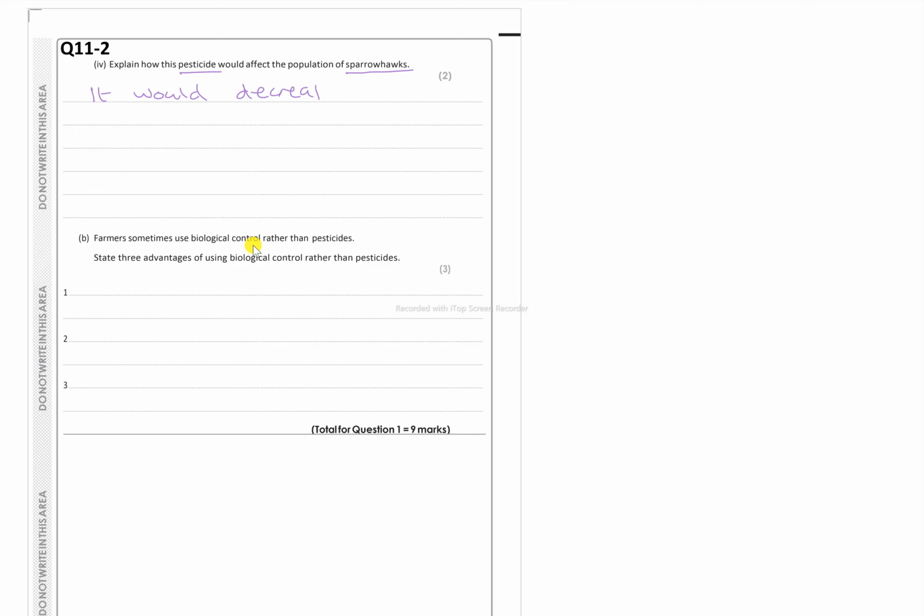Why? Because there are fewer sparrows, because there are fewer aphids.